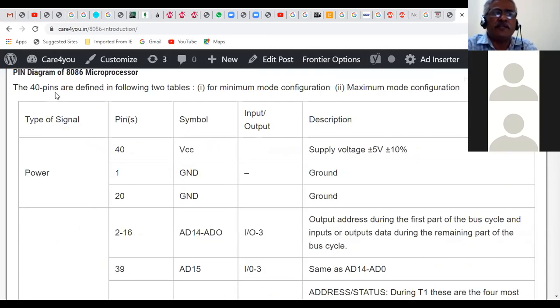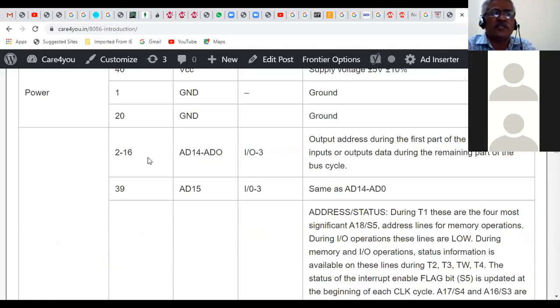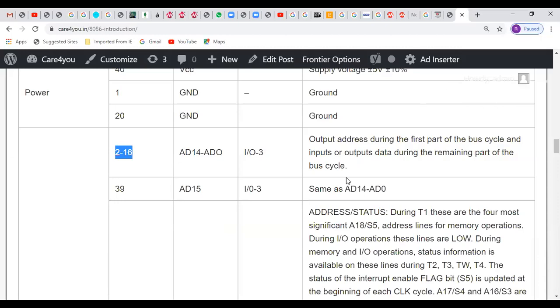It is a 40 pin, and all the pins are explained here. You can see here pin number 2 to 16 are from AD14 to AD0. The same pins have been explained here. I will not explain all the pins, but we'll go into some of the pins which are a little complex in nature. ये पिन अब आप समझते हैं what is AD0 and AD14.